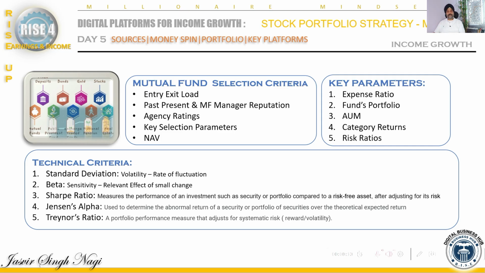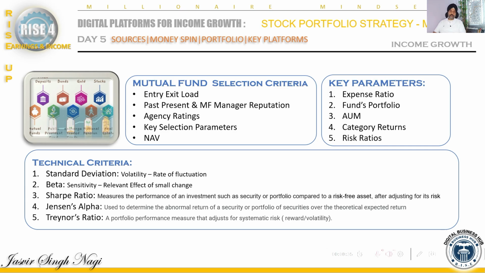Basically, the Sharpe ratio will tell you, if you adjust your risk to the optimal level, what outcome you can anticipate from your current portfolio of mutual funds. That's what a Sharpe ratio shows you. So that plays an important role.